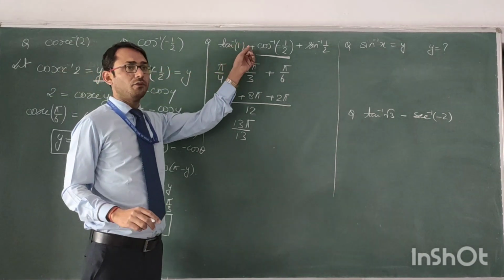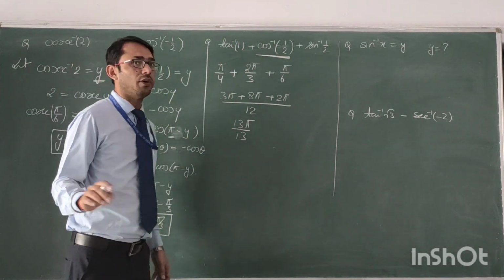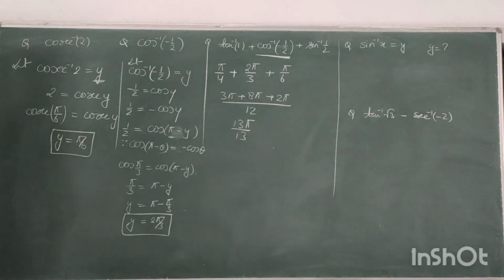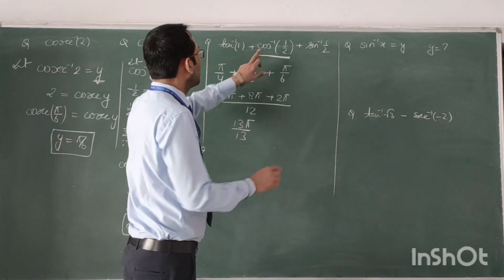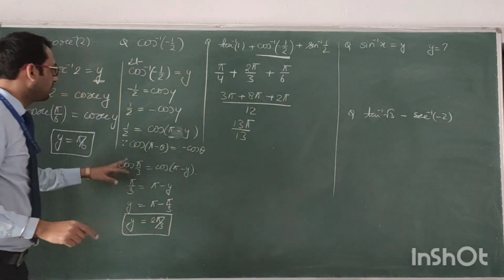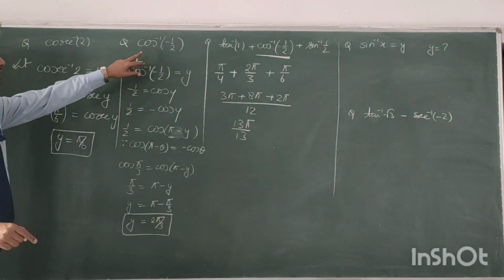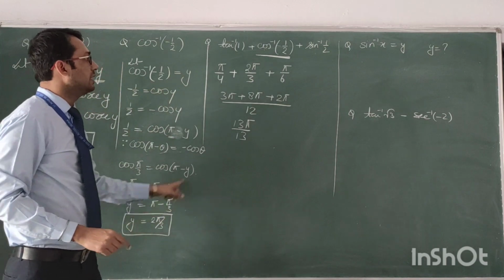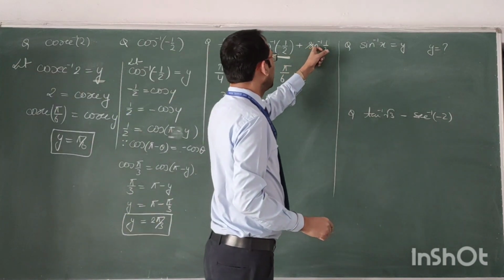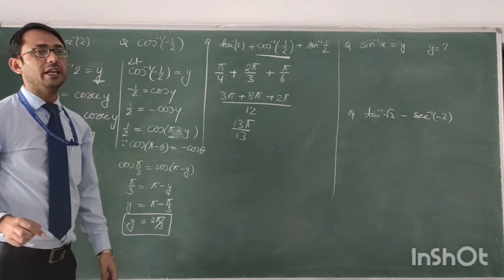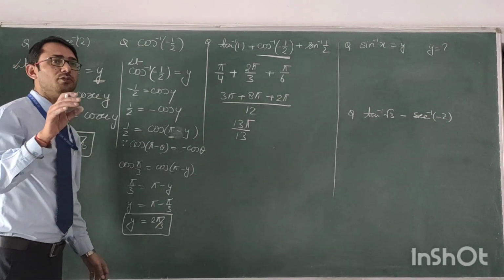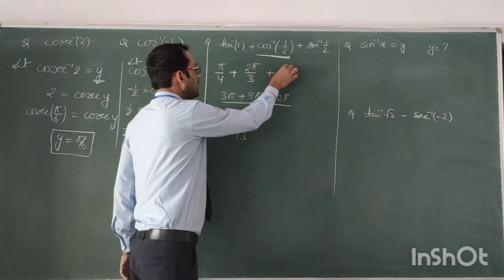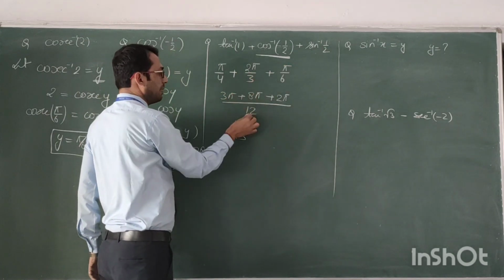Tan inverse 1 will be the value of pi by 4. Cos inverse 1 by 2 is 2 pi by 3. Now sine inverse 1 by 2. In sine, 1 by 2 is the value of pi by 6. So I am taking LCM.